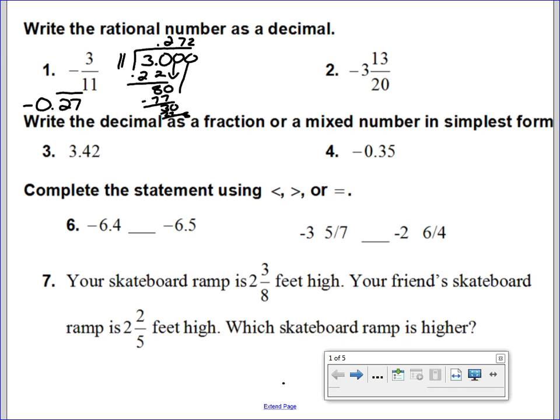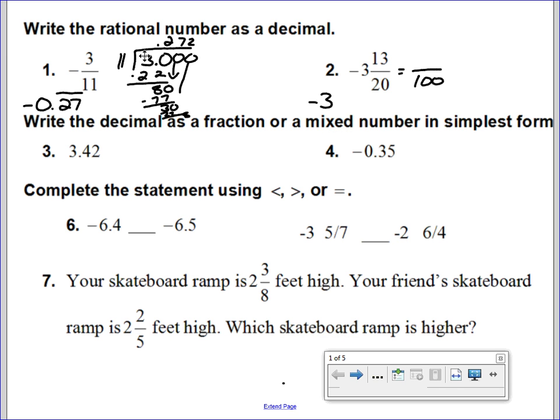Okay. Now the second one, we know at least we're going to have -3. And we could do 13 divided by 20, but if we really understand the way decimals work, we should be able to convert every fraction that's a tenth into a decimal, every fraction that's 100th into a decimal. So instead of doing 13 divided by 20, I'm going to convert this into hundredths. 20 goes into 100 nicely.